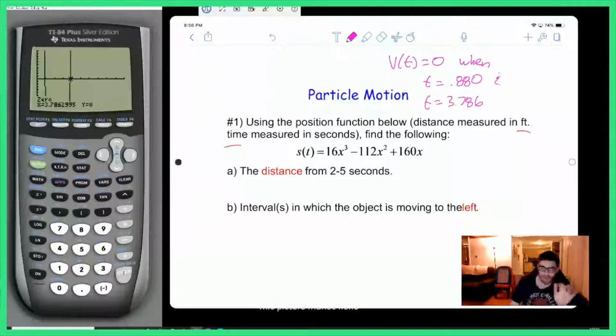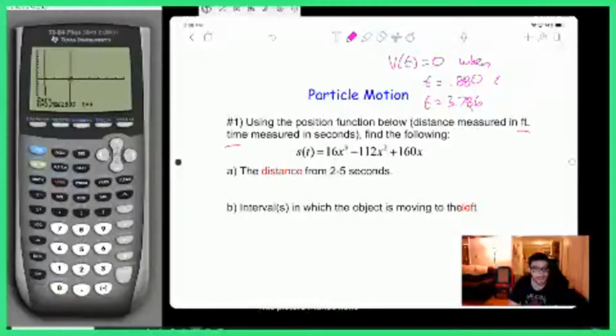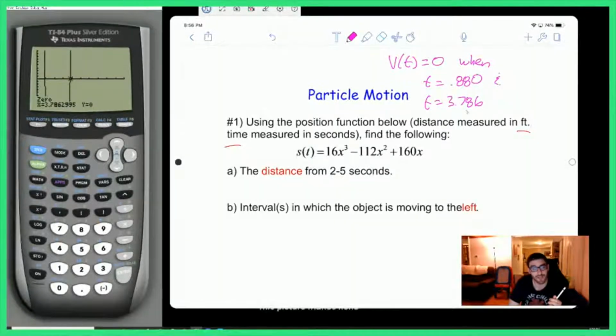And this is imperative in order to get this question right. Because now what I know, finally, is that from 3.786 to infinity, the particle will be moving in the same direction. So if I'm calculating the total distance from 2 to 5 seconds, I know that from t equals 0.880 all the way up till 3.786, the particle goes in the same direction.